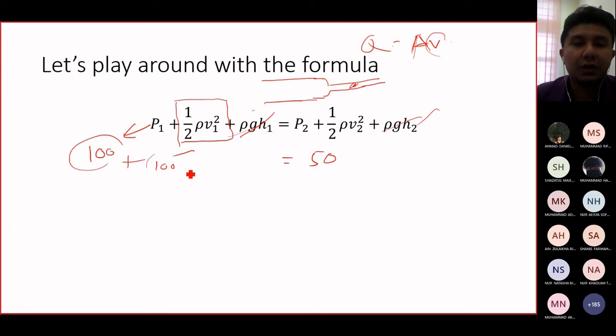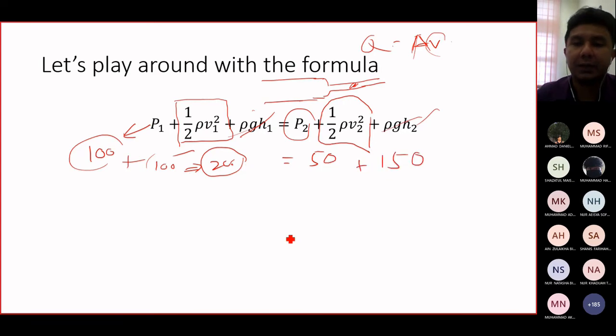Here it is 100 plus 100, total 200. Now this is 50, so in order to balance the value of 200, this term must be 150. When this whole value is 150, meaning the speed here has to be higher compared to this.